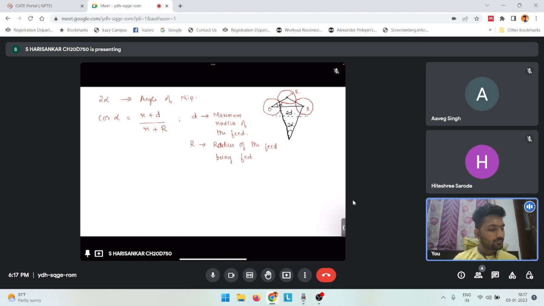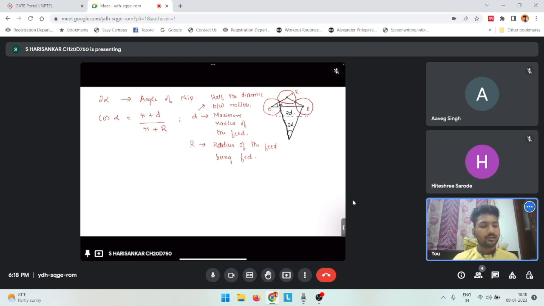This d can also mean half the distance between the two rollers.